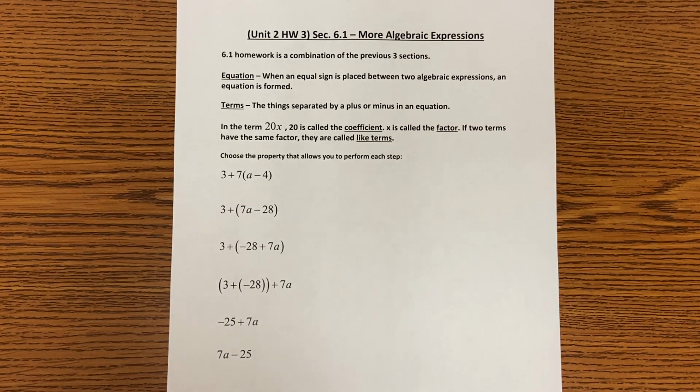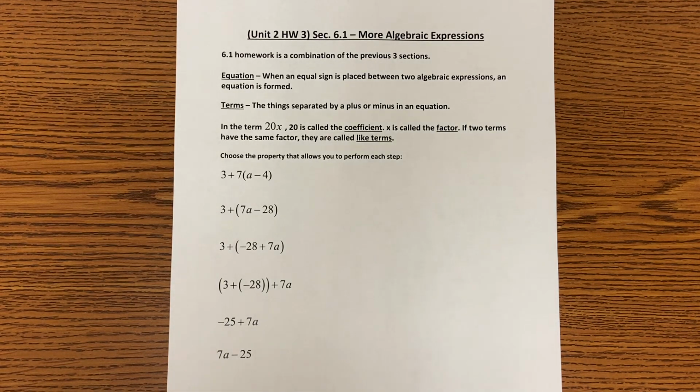But it becomes an equation if you've got two sides with an equal sign in the middle, and it tells you that the two algebraic expressions are equal to each other, and that gives you more options on things that you're going to do to find answers for variables, which we'll see in the homework following this one, and actually several of the homeworks following this one. That'll become a common theme.